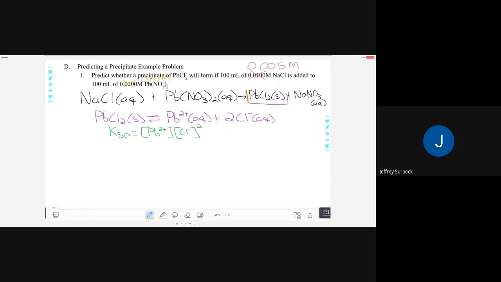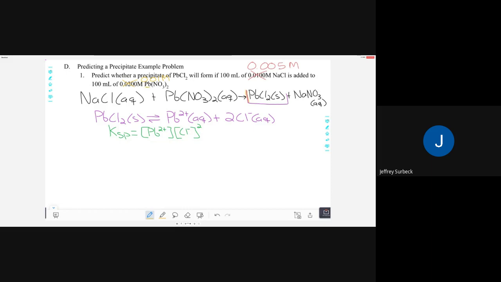Okay, now here's what I want you to think. We have 0.01 molar Pb(NO3)2. So in purple, Pb(NO3)2, what could we connect that concentration to? The Pb or the Cl minus? The Pb, right?